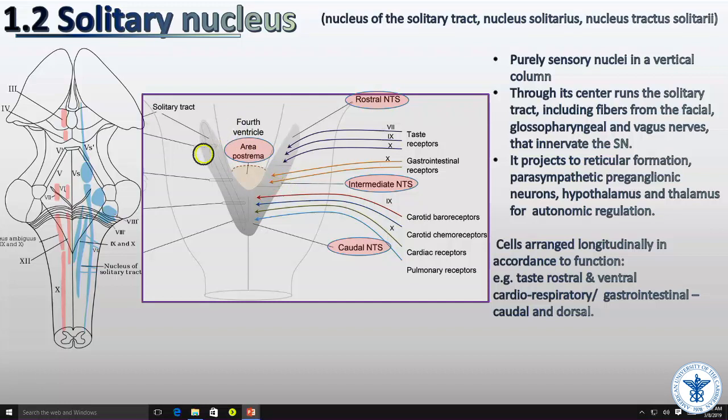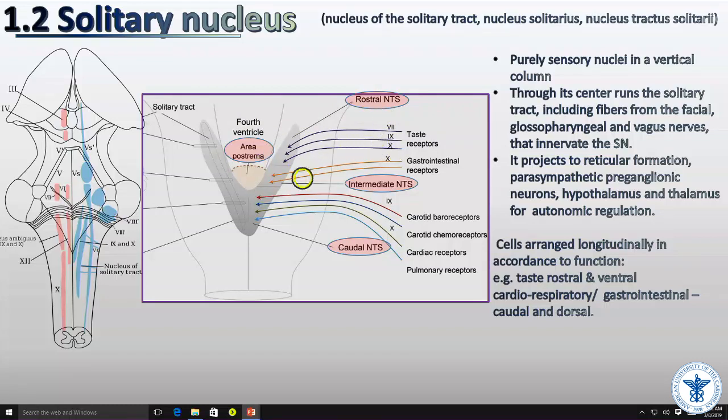Now, a little bit about how interesting this is and how it's organized: from superior to inferior, it's got different sections. The upper part, the rostral part, is associated with taste, so the 7th, 9th, and 10th cranial nerves.